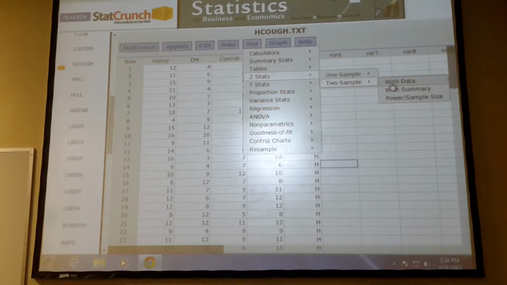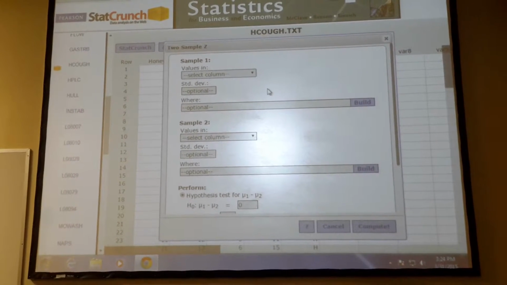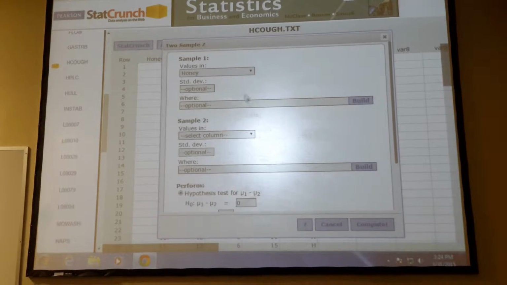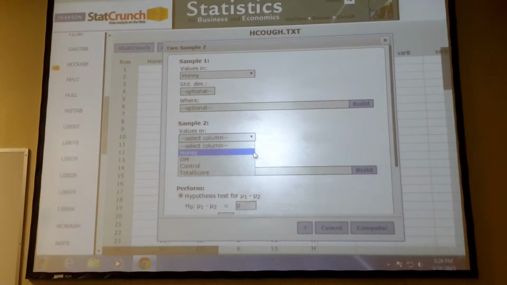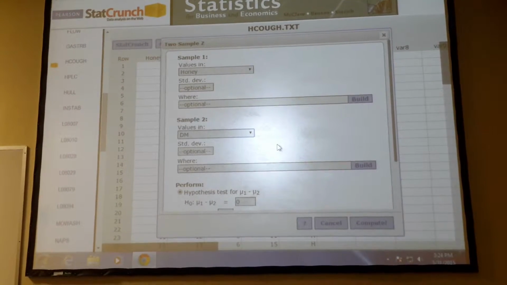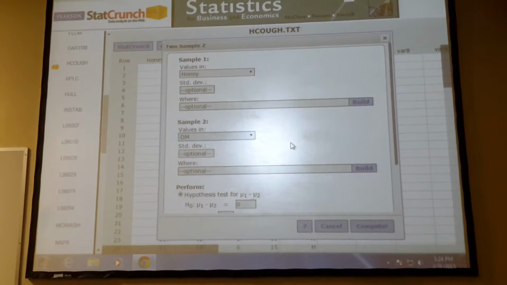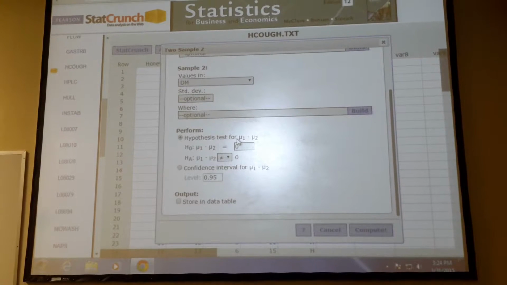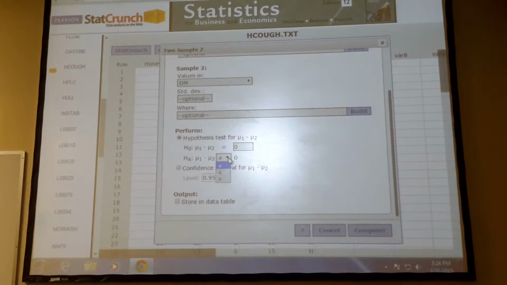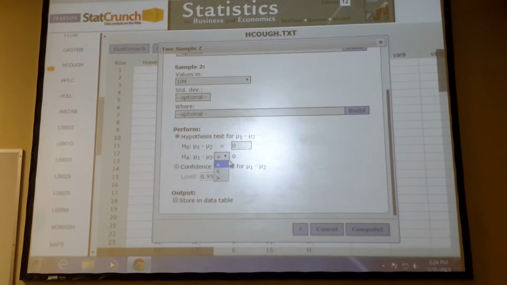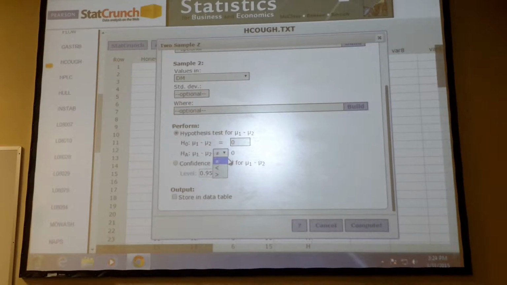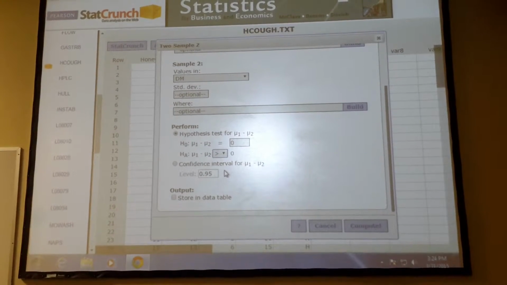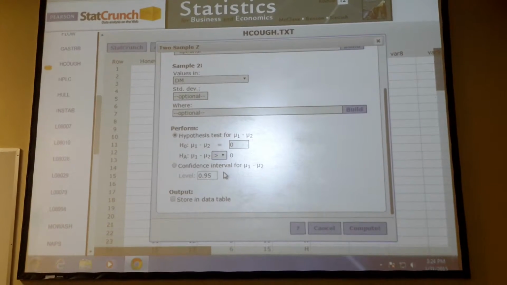We have the raw data here, and we'll use that. All we need to do here is choose the honey column for group 1, our DM or cough syrup column for group 2. And we want to make sure that our hypotheses are set up the way we need them. In this particular case, since we believe that the honey group will have more improvement than the cough syrup group, we're going to say that the mean for group 1 minus the mean for group 2 is greater than 0.